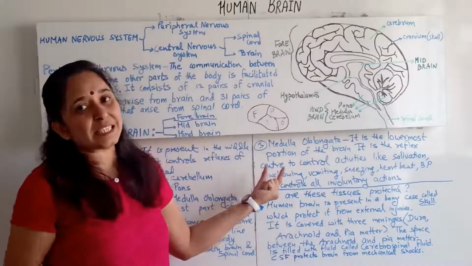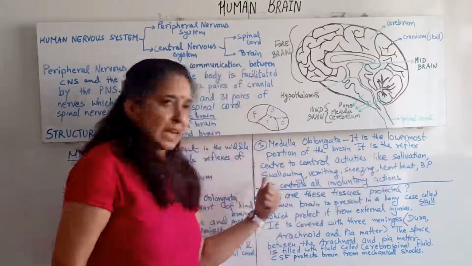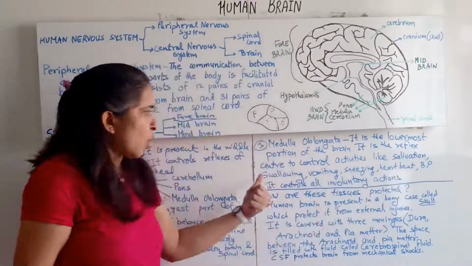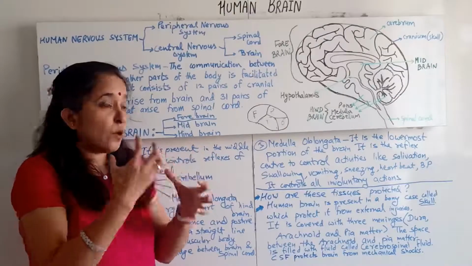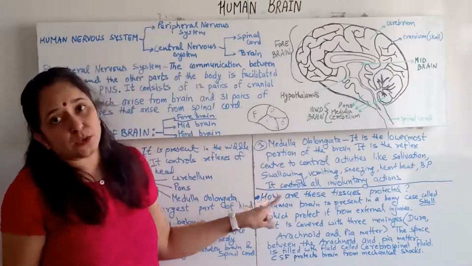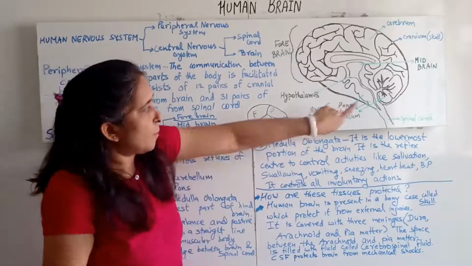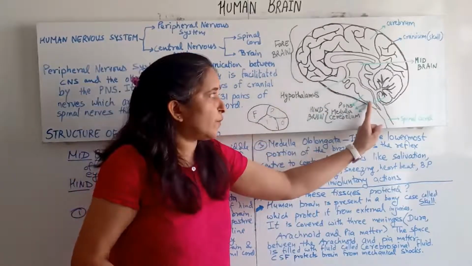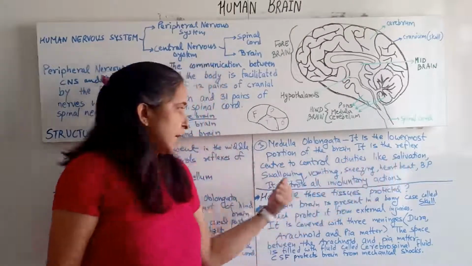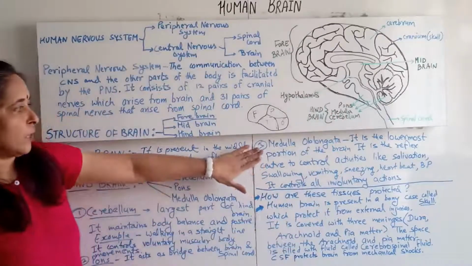It is the reflex center to control activities like salivation, swallowing, vomiting, sneezing, heartbeat and blood pressure. So it controls all involuntary actions. Involuntary actions are controlled by the medulla oblongata, here in the lowermost portion of the brain. So all the involuntary actions are controlled by the medulla oblongata.